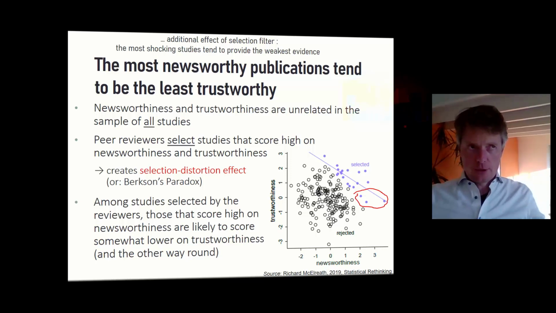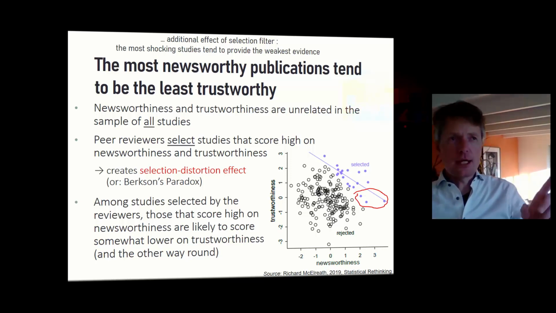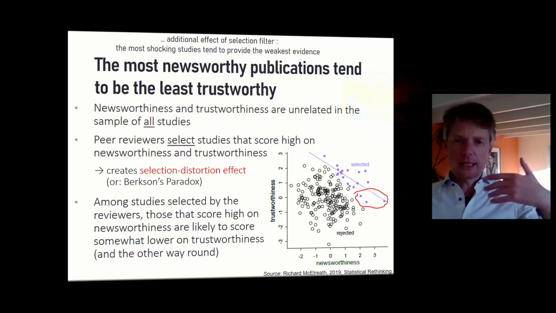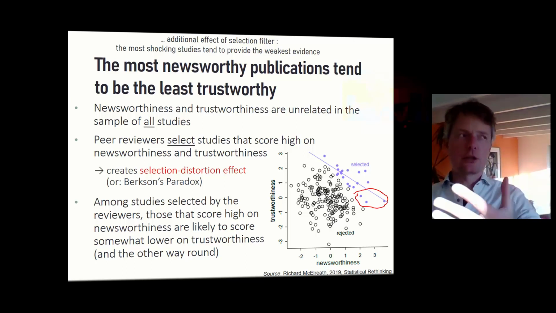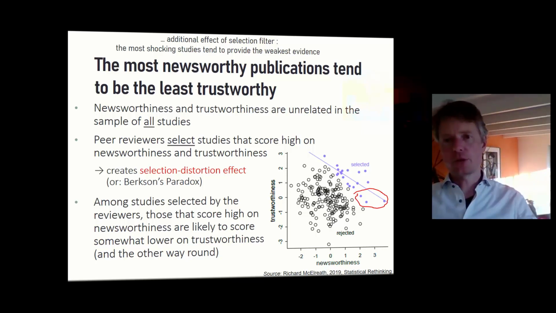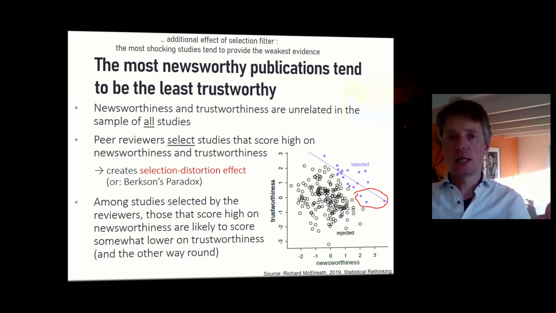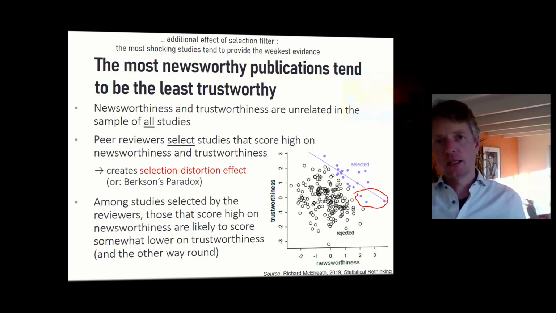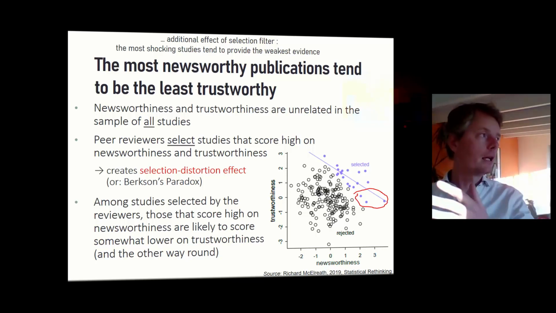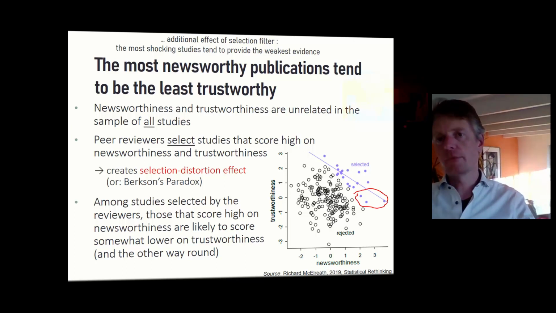On top of this, there's a good chance that if you are selecting some studies for your literature review, for instance, for your thesis, or later on when you're doing your work and your boss or some policymaker wants to know something about a certain topic, then the studies that are most easy to find are the most newsworthy publications, because that's just the publications that get a lot of airplay. They're covered in magazines and all that.